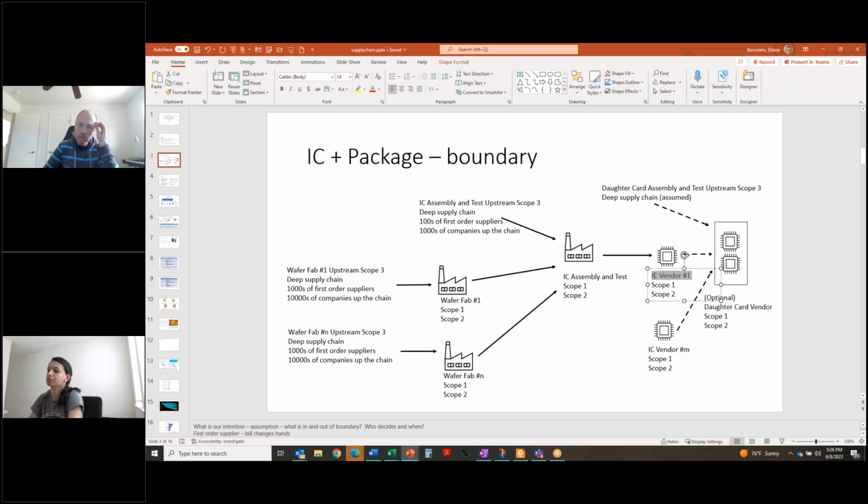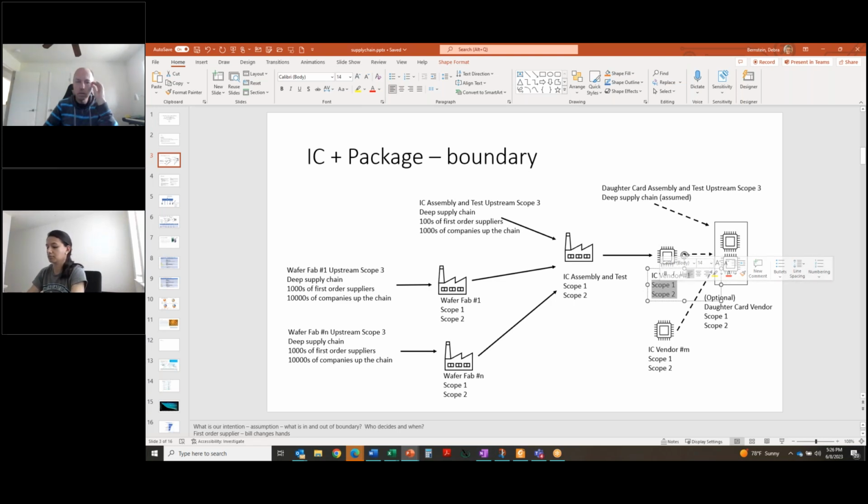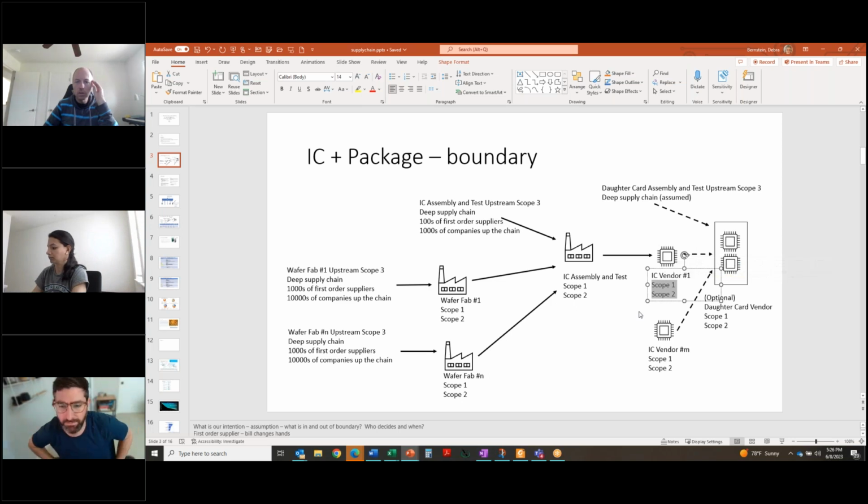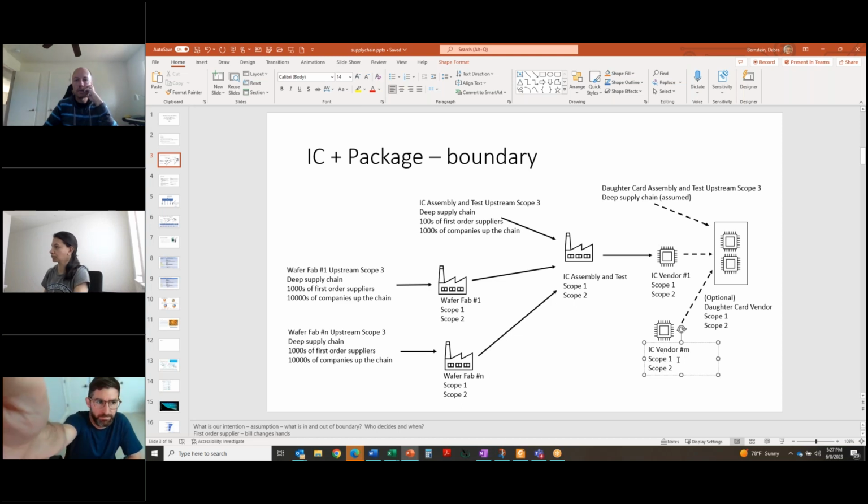For the IC vendor, this entity would have their own scope 1 and scope 2 that would need to be modeled, allocated, etc., to one particular IC that you are then asking for data about. Likewise, if there's a second vendor or a 9th or 10th vendor that provided ICs onto the daughter card, that vendor would be responsible for their own scope 1 and scope 2.